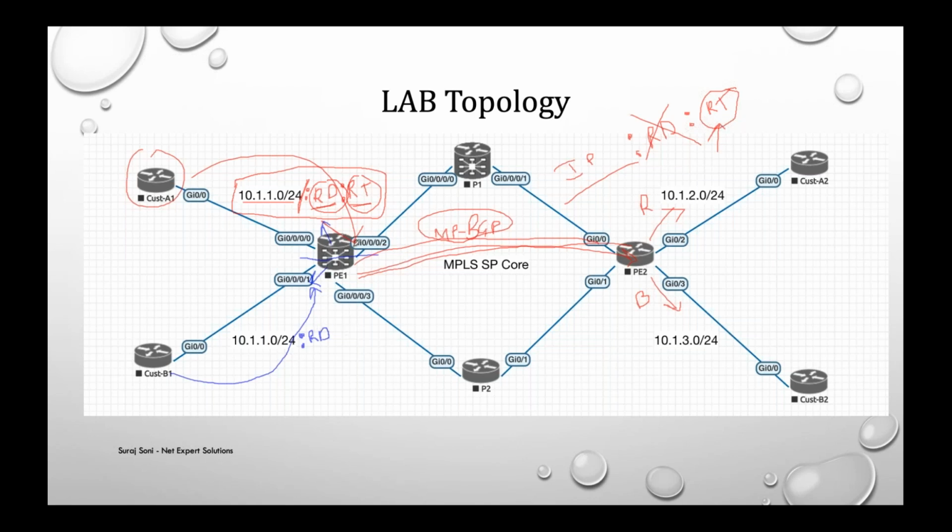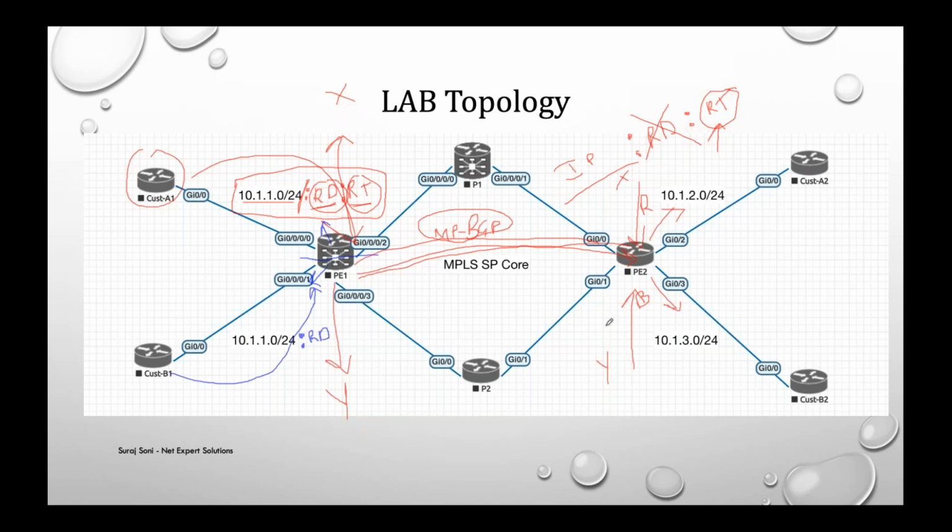So we will export an RT, I'm just taking X as an example. I'm exporting X from the red VRF, and I'm exporting Y from the blue VRF. So I need to import Y in the blue VRF, and I need to import X in the red VRF.